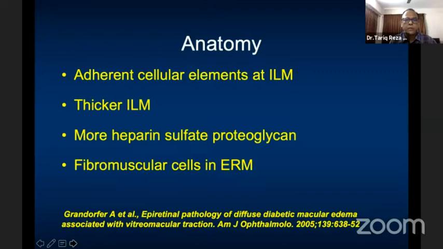The internal limiting membrane of diabetic vitreous is much more adherent to the central cellular elements. This internal limiting membrane is thicker, and more heparan sulfate proteoglycans are present. Also, biopsied ERM showed many more fibromuscular cells, which can cause traction on the vessels of the macula.